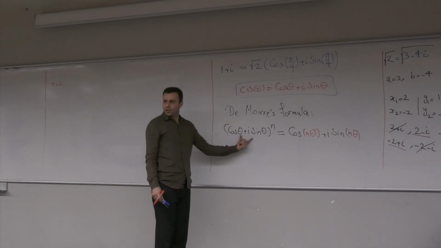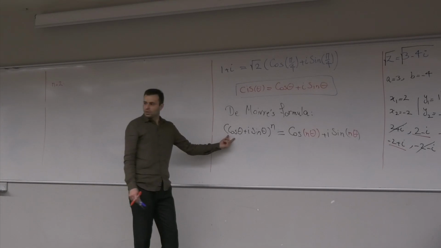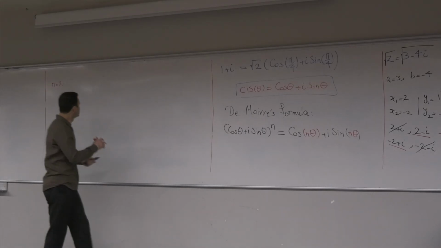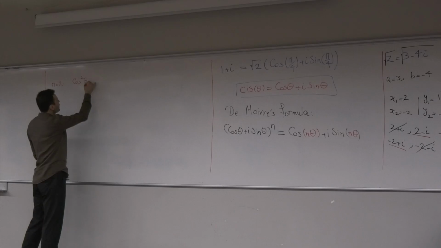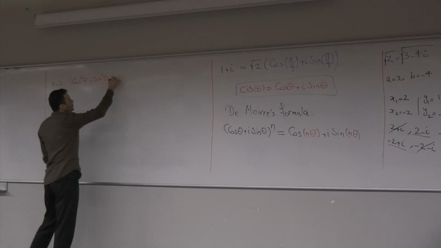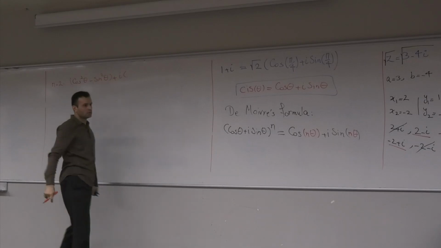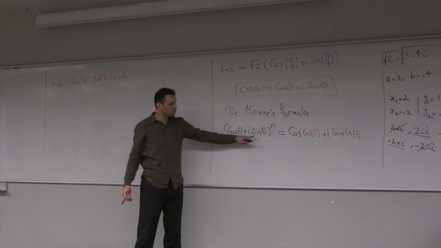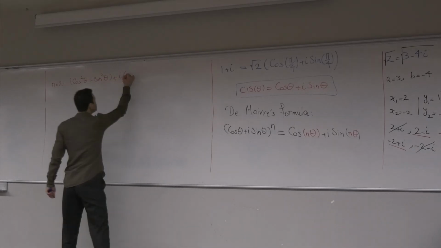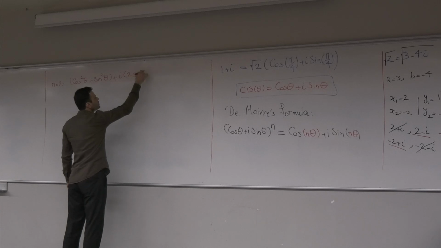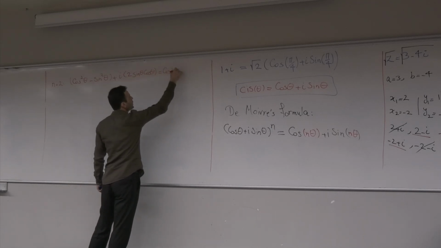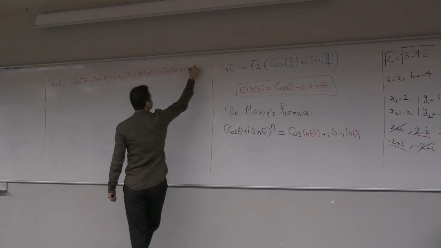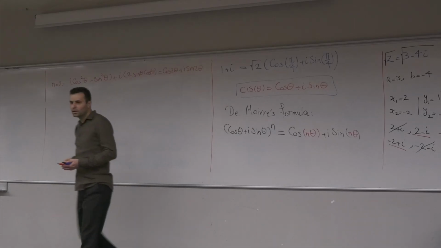What is this number to the power of 2? Cosine to the power of 2 minus sine to the power of 2 plus i times 2 times first one times second one, right? Which is going to be 2 times sine theta cosine theta, plus i times that. Which is equal to cosine of 2 theta plus i times sine of 2 theta.